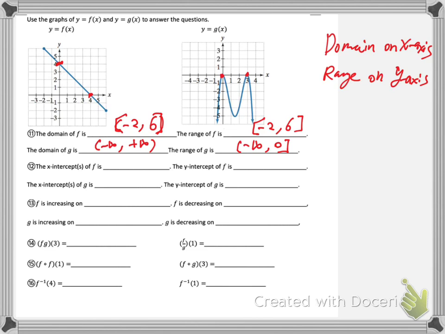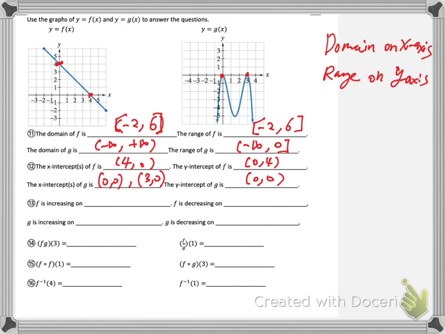The x-intercept for f is (4, 0). For g, you get 2 x-intercepts: (0, 0) and (3, 0). The y-intercept of f is (0, 4), and the y-intercept of g is (0, 0). You just look at where the graph touches the x or y-axis.